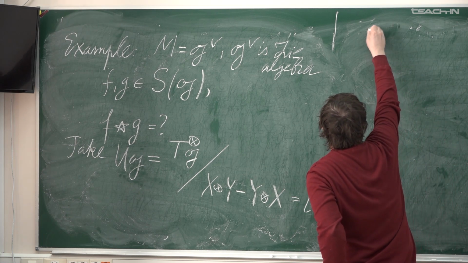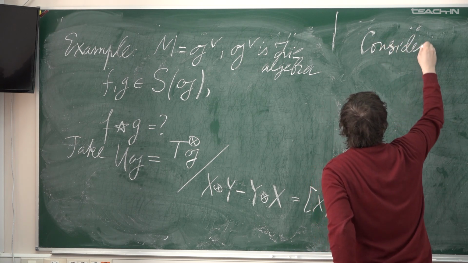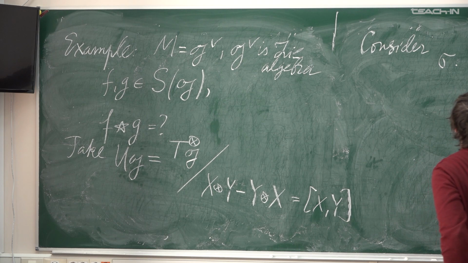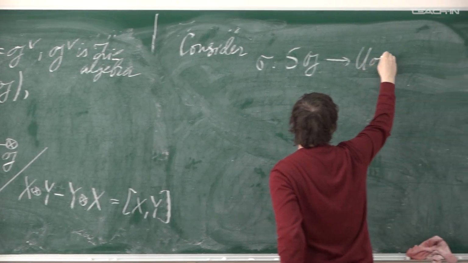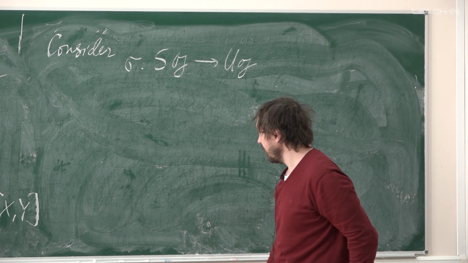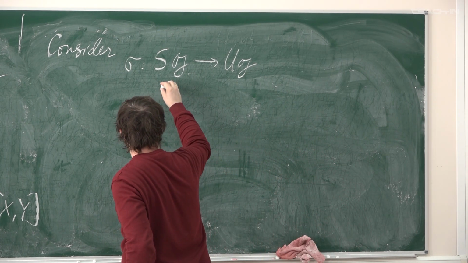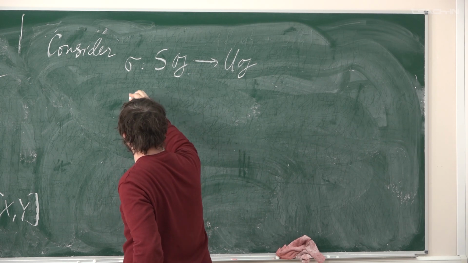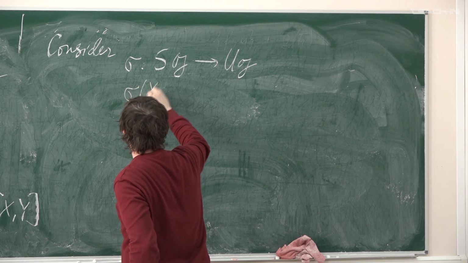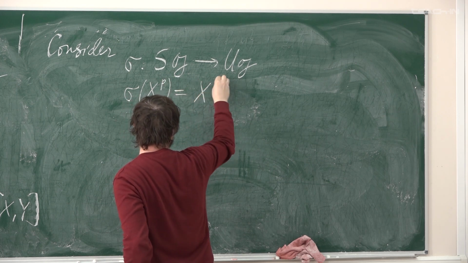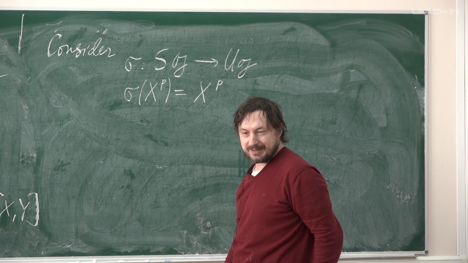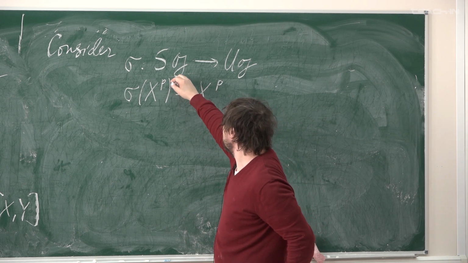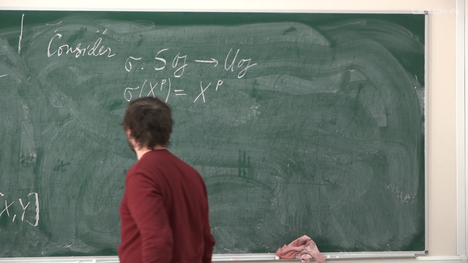Consider the map sigma from Sg to the universal enveloping algebra of g, given by the following formula. You can define it universally by saying that sigma of x to the power p is equal to x to the power p on the right. That actually gives you a unique way to extend it from the linear part to all polynomials, but probably better to write down an explicit formula.